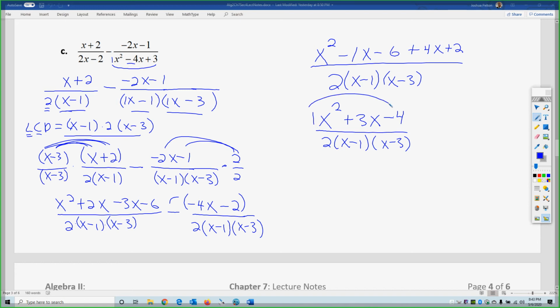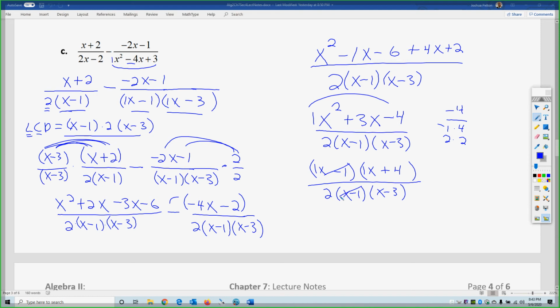So 1 times 4 is negative 4, which is 1 times 4, or 2 times 2. One of them has to be negative, though. And if that's negative, that does give me a positive 3, so that actually factors. So that's 1x, negative 1, and positive 4 over 2 times x minus 1, x minus 3.